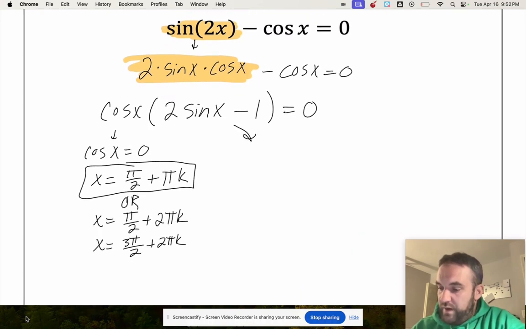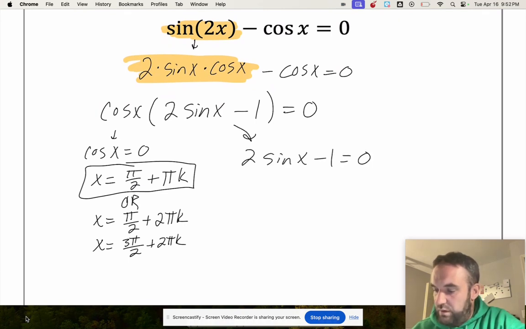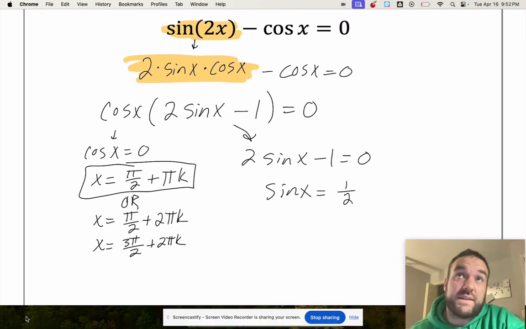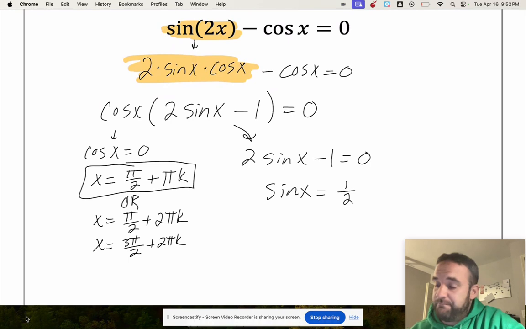And then over here, if I want 2 times sine of x minus 1 to equal 0, that would have to mean that sine of x is equal to 1/2 if I add 1 and divide by 2 to both sides. And sine is equal to 1/2 at pi over 6 and 5 pi over 6. Those are not symmetric from each other.